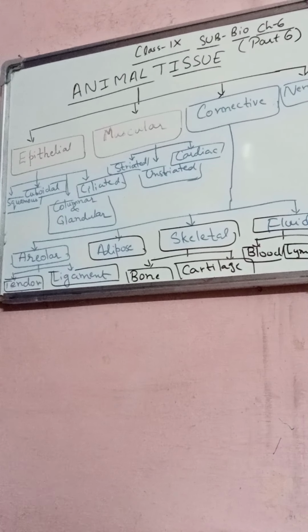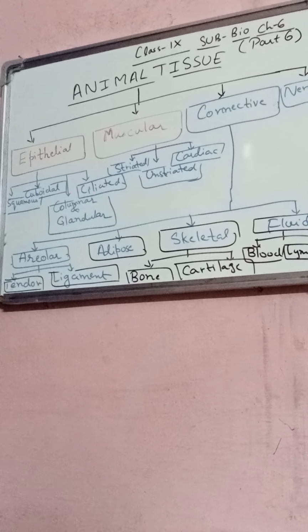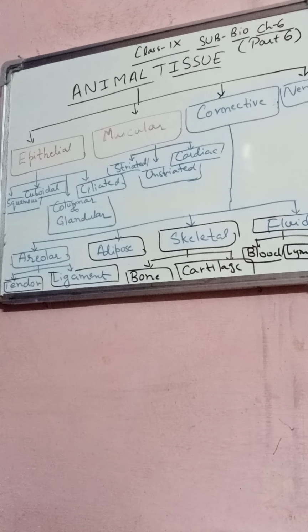So squamous epithelium covers most organs and cavities within the body, and it forms a barrier to keep different organ systems separate. It is present in the outermost cavities, like skin, lining of the mouth, lining of blood vessels, lung alveoli, and the kidney tubules. And it forms a continuous sheet, right?